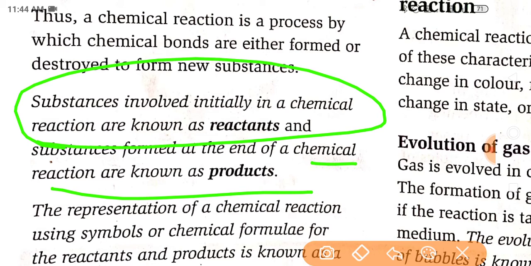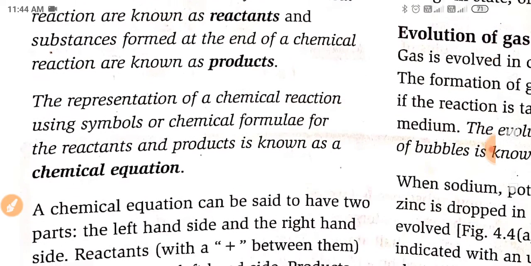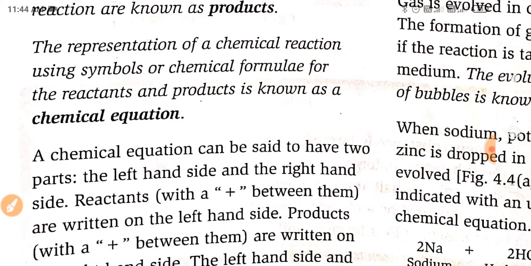So those elements or compounds which react with each other are known as reactants, and the new product which is formed, or the end product, is known as products. The representation of a chemical reaction using symbols or chemical formulas for the reactants and products is known as a chemical reaction.